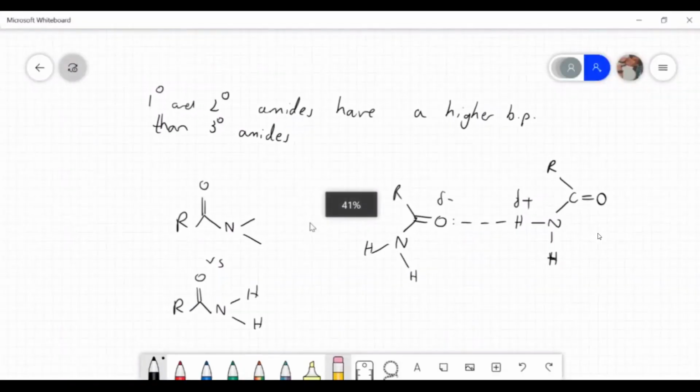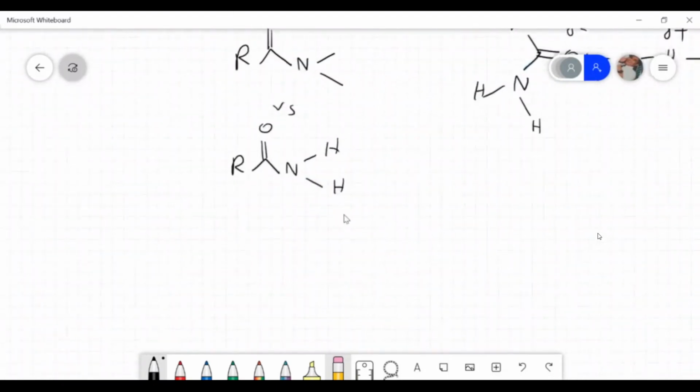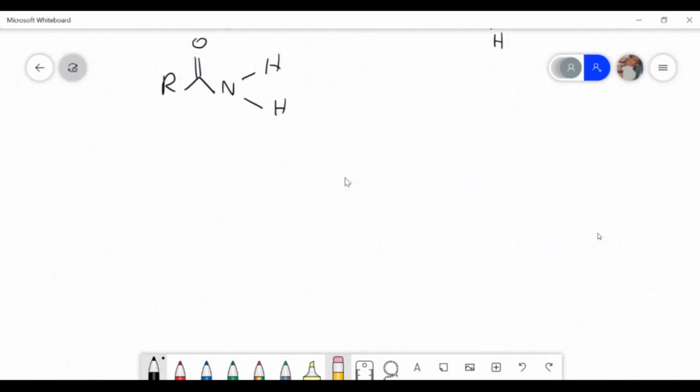So let's compare the basicity of these two things. Let's just compare this versus this.